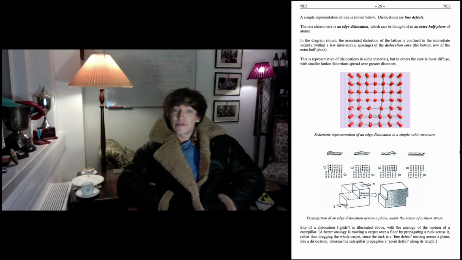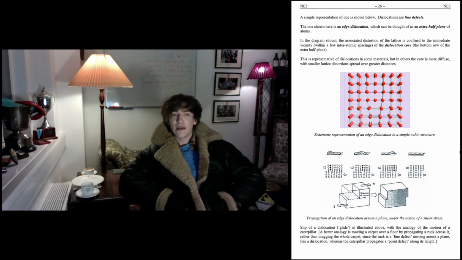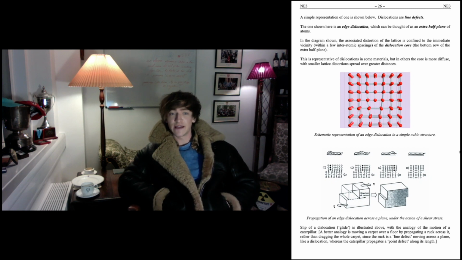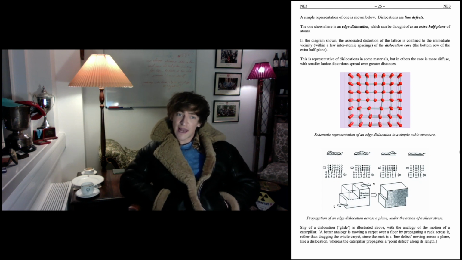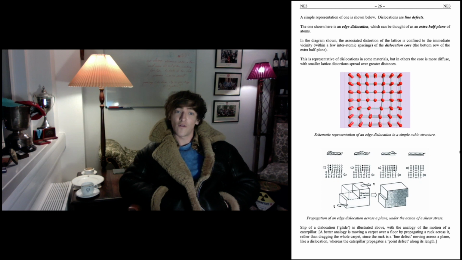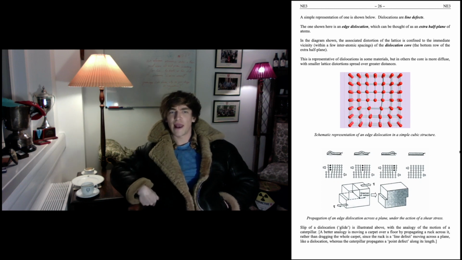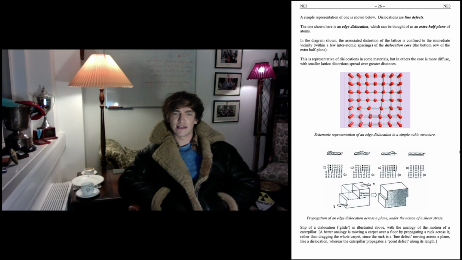Should you choose to represent a dislocation graphically, here is one I made earlier. This one specifically is an edge dislocation in a cubic structure, which can be thought of in a way as an extra half plane of atoms. This extra plane of atoms distorts the lattice within the vicinity of the dislocation core, within a few interatomic spacings of the bottom row of the extra half plane shown in this figure in the center of the page here.